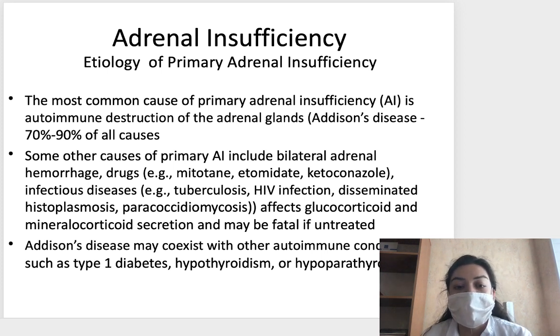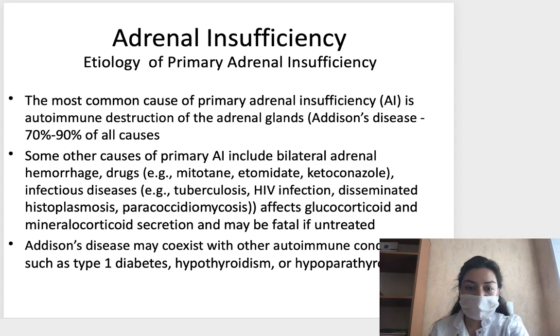Other, much rarer causes include bilateral adrenal hemorrhage, the use of some drugs like mitotane, etomidate, ketoconazole, and infectious diseases like tuberculosis, HIV infection, disseminated histoplasmosis, and paracoccidioidomycosis that affect glucocorticoid and mineralocorticoid secretion and may be fatal if untreated. Addison's disease may coexist with other autoimmune conditions such as type 1 diabetes mellitus, hypothyroidism, and hypoparathyroidism.